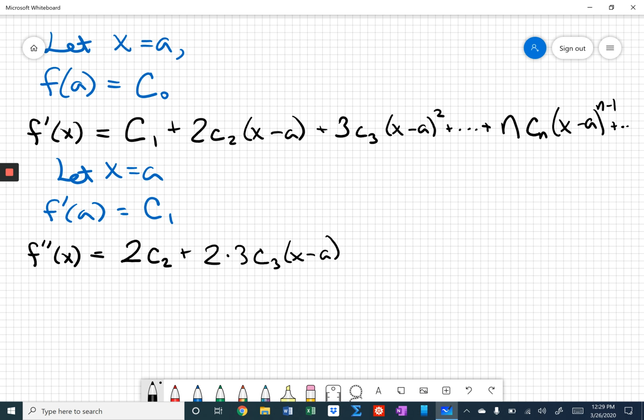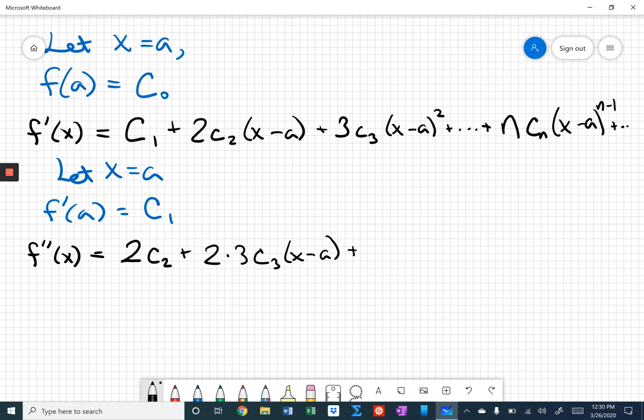Let's imagine what the next term is going to be, because we're going to need it in a moment. So the next term, if we would have kept going up here, would have been 4 c sub 4 x minus a cubed.